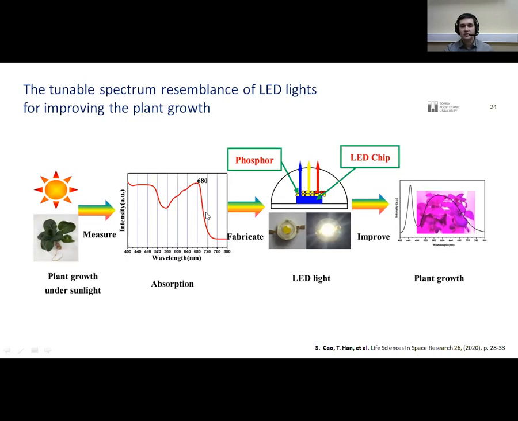A valley centered at 500 nanometers indicates that there are several weak absorption bands in this region. So it implies for scientists to think how they can improve the colors to increase the morphogenesis process.